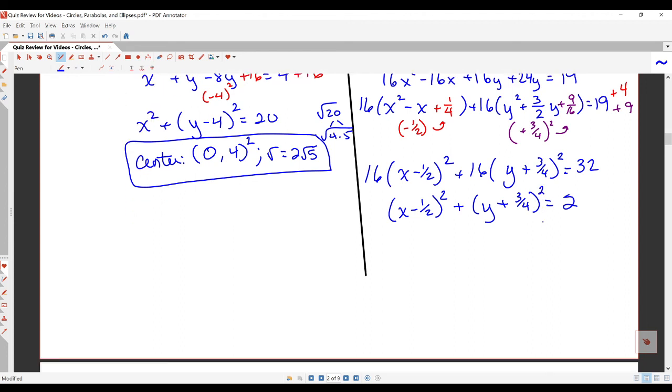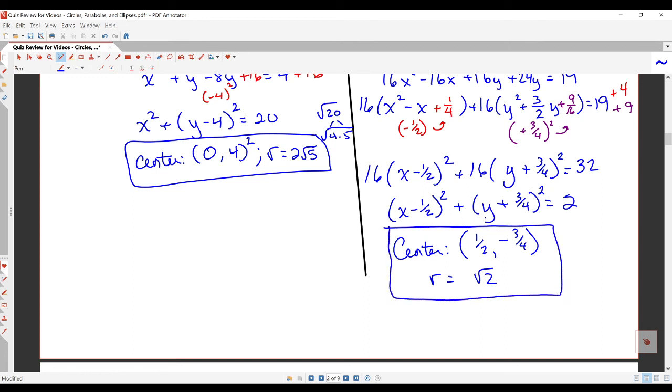There we go. So then our center is going to be (1/2, -3/4), and the radius is the square root of 2. We'll continue on in the next video with number 13.